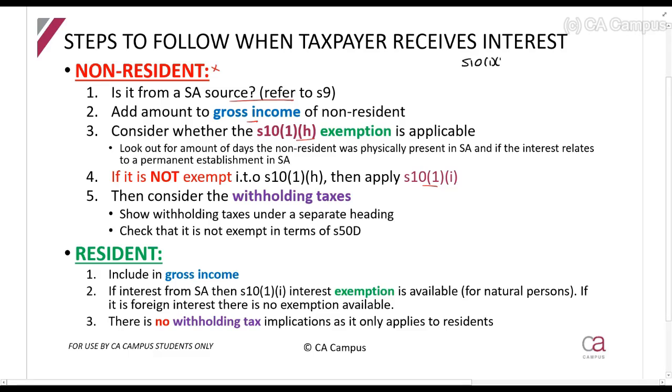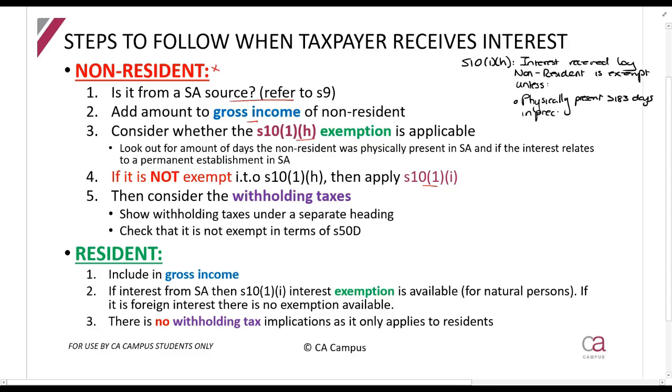I just want to remind you also here, section 10(1)(h) says interest received by a non-resident is exempt unless physically present more than 183 days in the preceding 12 months, or permanent establishment in South Africa.